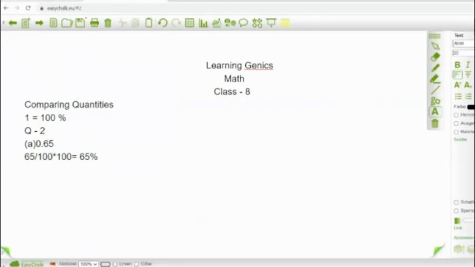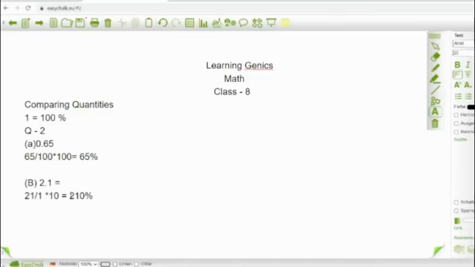So now let's head into the second question. The second question is 2.1. So 2.1 in fractions would be 21 upon 10. Then we'll multiply this value by 100, and by multiplying it by 100, we'll cancel this 0 and this 0.